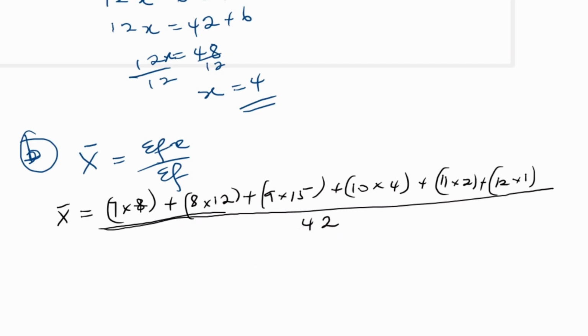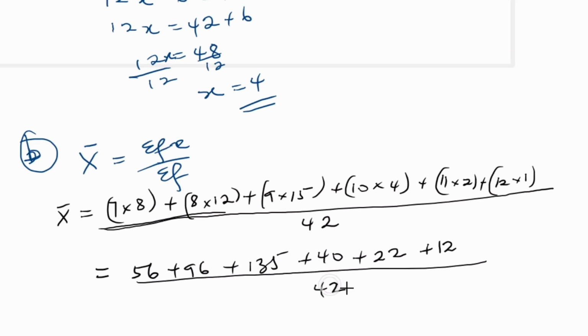Even if you add all these frequencies, you're going to get 42. That gives us 7 times 8 is 56, plus 96, plus this is 135, plus this is 40, plus 22, then plus 12, all over 42.